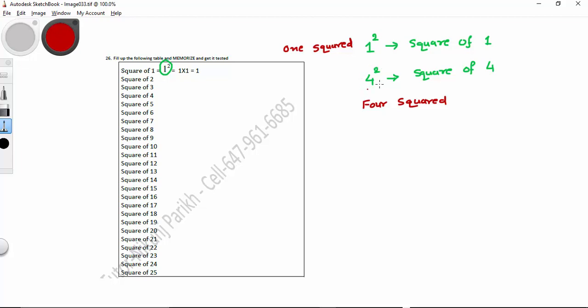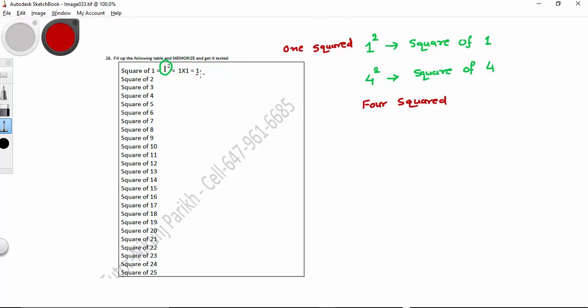Now there is a geometrical meaning of this squared, but you will learn that when you will solve problems from the textbook. For now we are going to ignore that geometric part. So let us focus on this exercise now. Square of 1 means the base is 1 and the exponent is 2. In the expanded form, we can write 1 times 1.